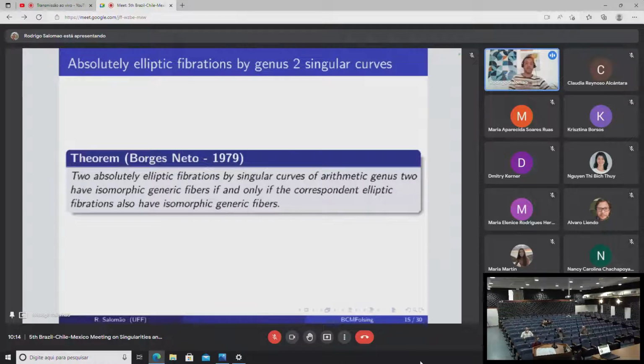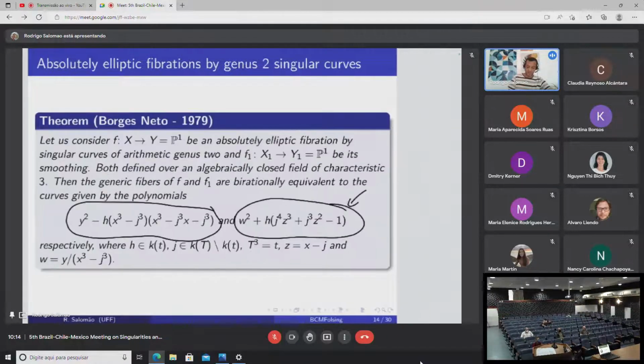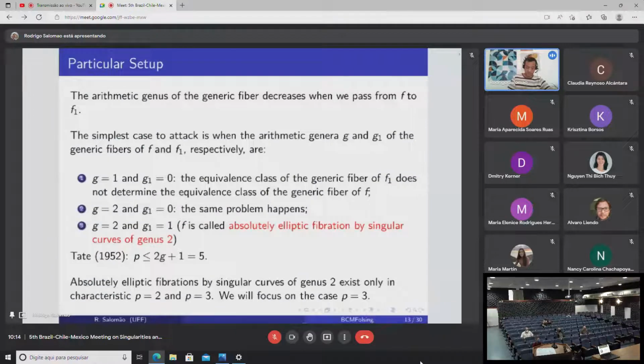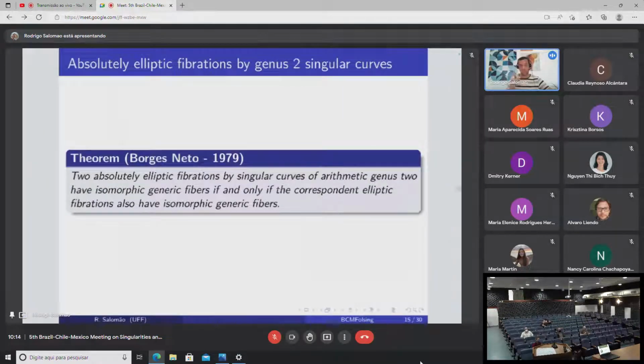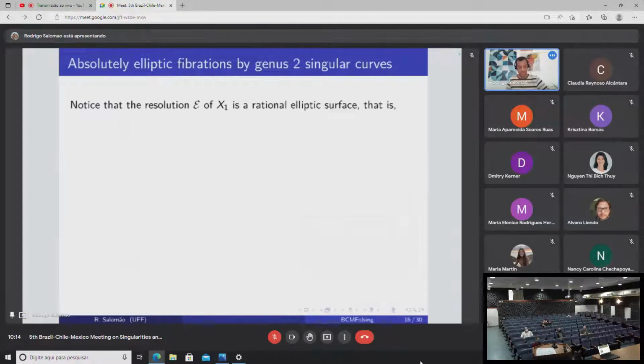So we don't have the problem observed for the first two cases here, okay? By this result due to Borges Neto.